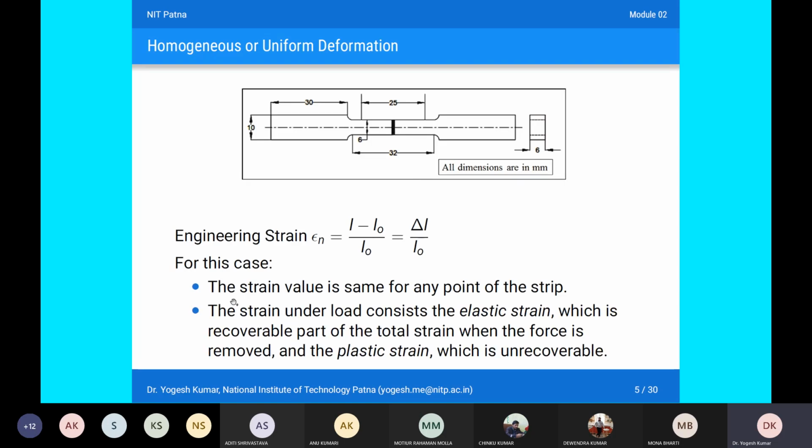In this tensile test, when we calculate total strain, there is elastic deformation as well as plastic deformation. Elastic deformation is the recoverable part; the material is able to recover. On the other side, the plastic strain is the unrecoverable part of your total strain.